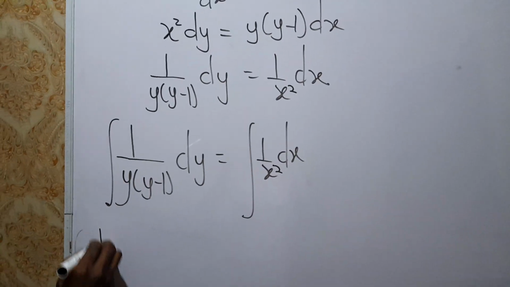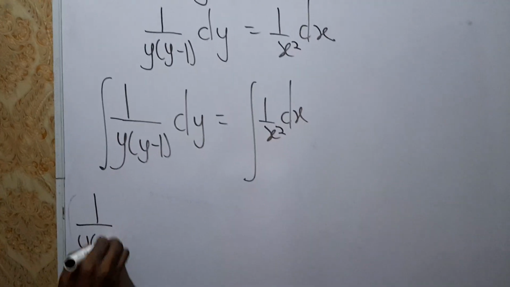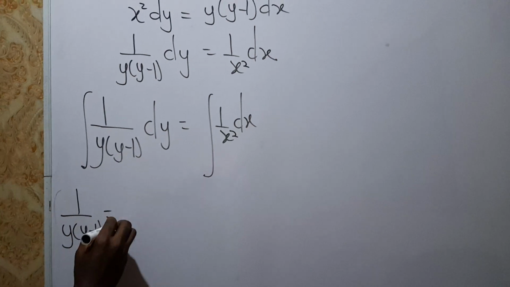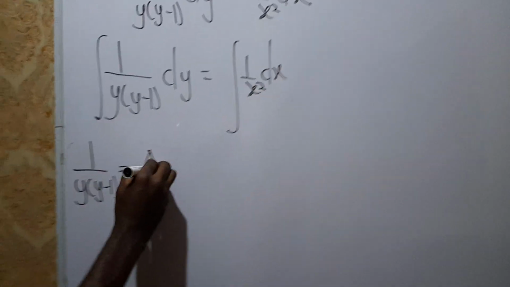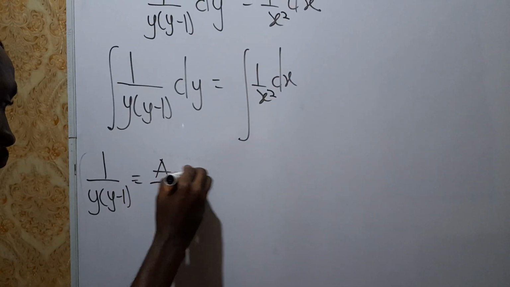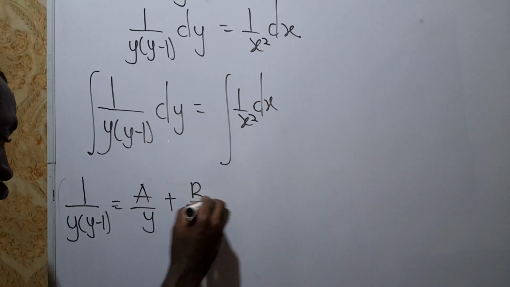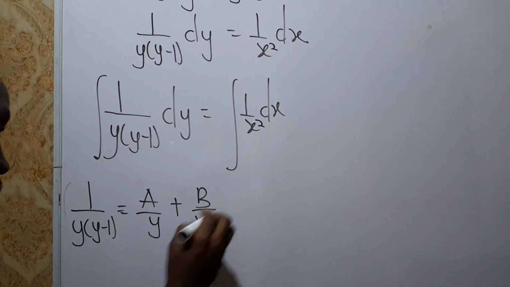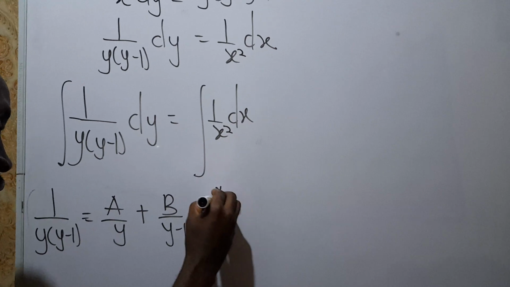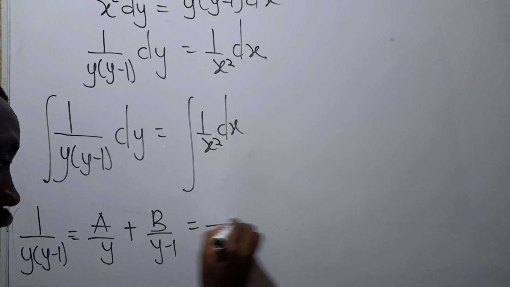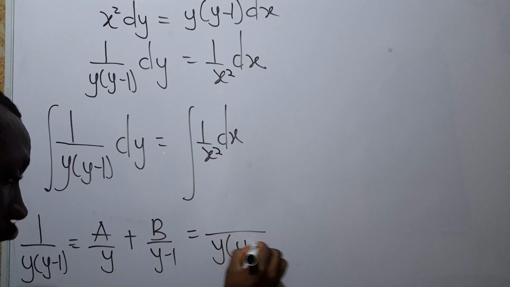So we can say that our 1 over y bracket y minus 1 will be equivalent to a over y plus b over y minus 1. We find the denominator there, which is y minus 1.